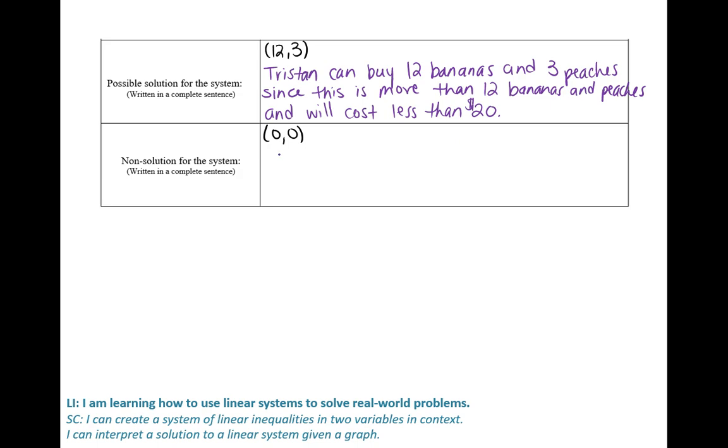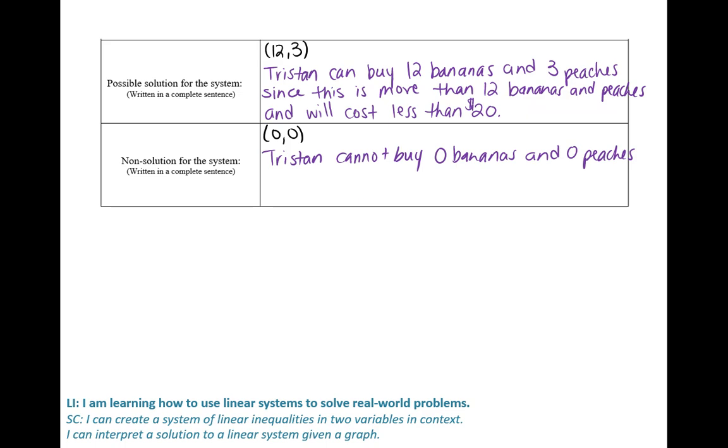For the non-solution, I would again talk about Tristan. Tristan cannot buy 0 bananas and 0 peaches. And when we're saying that it doesn't work, we only have to show that it doesn't work for one of the criteria, because as long as one of them doesn't work, it doesn't work for the whole system.